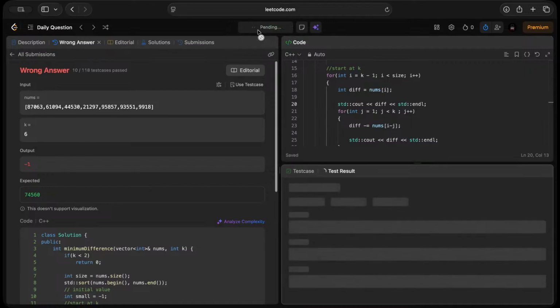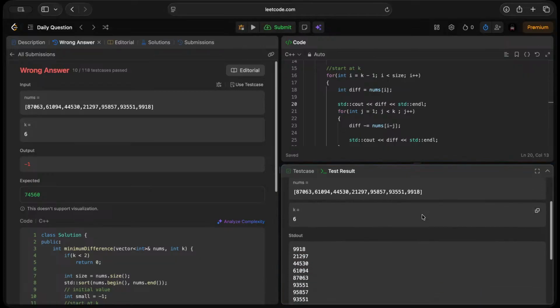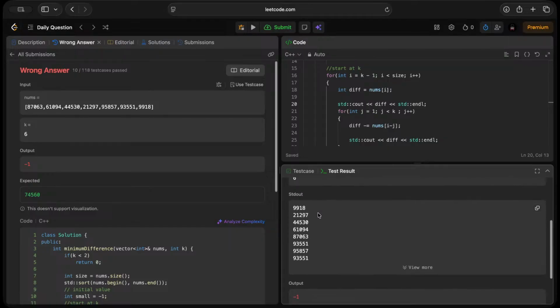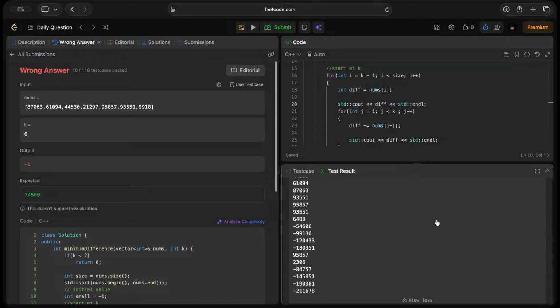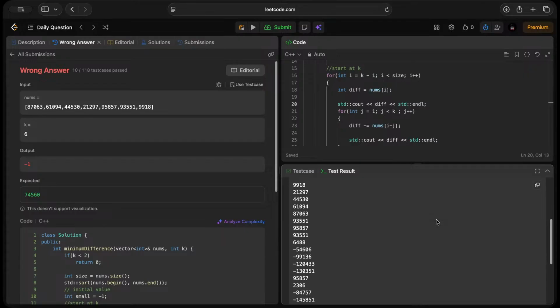What's going on here? So we're starting with 9918. Oh no, that's not right. So that's it being sorted. So 0, 1, 2, 3, 4, 5, 6, 7.